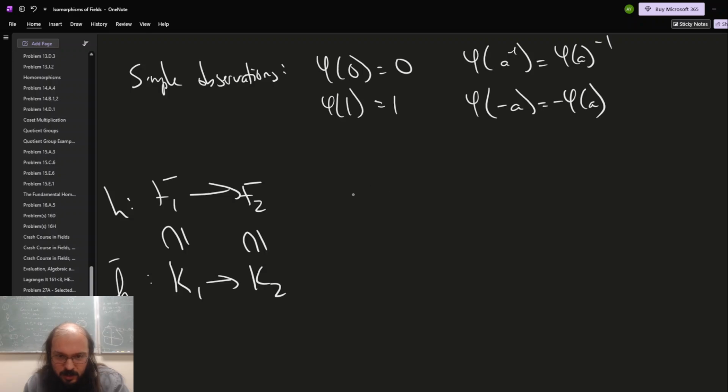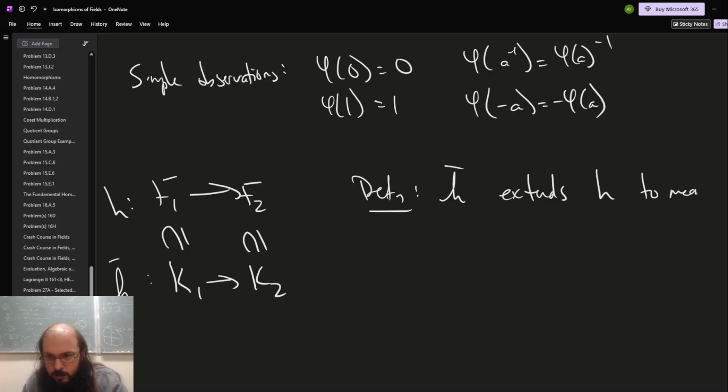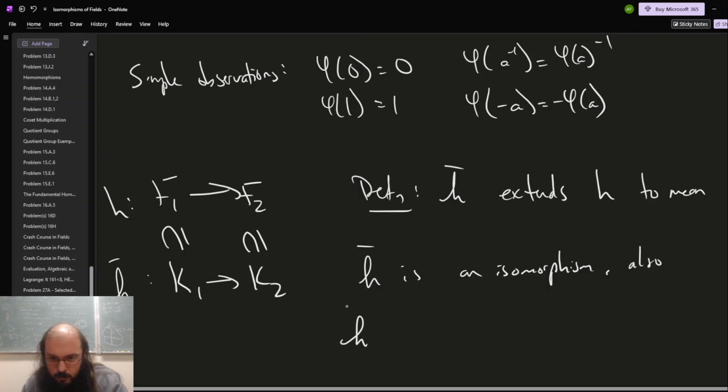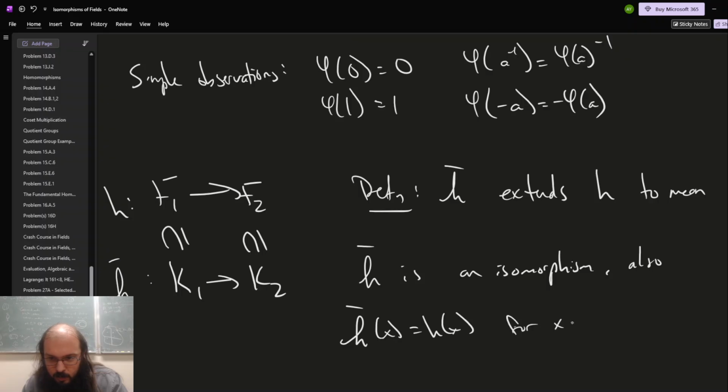And what he tells us is we will say that H bar extends H to mean H bar is an isomorphism, so it has those above properties, and also H bar of x equals H of x for x in F1.